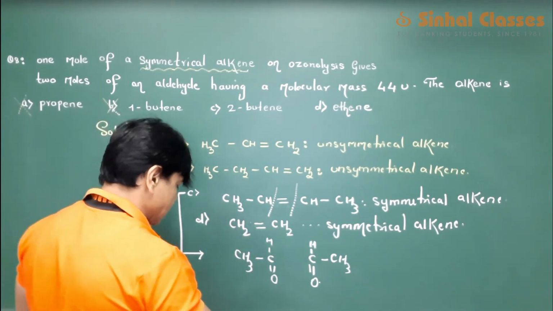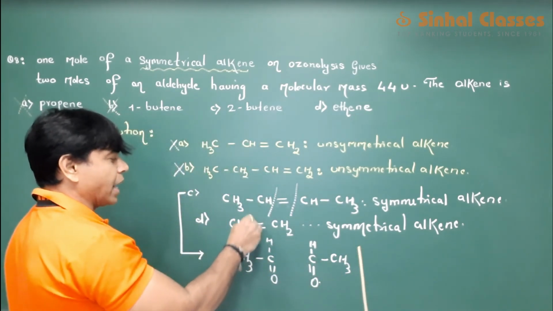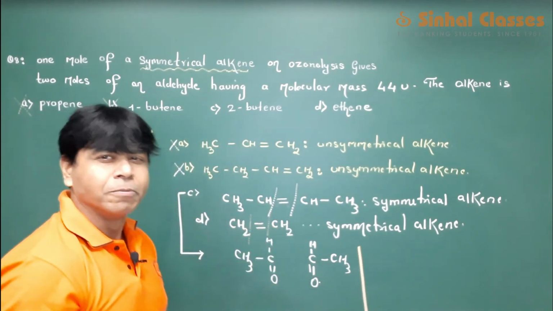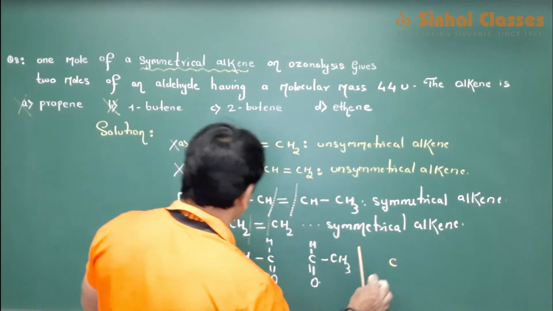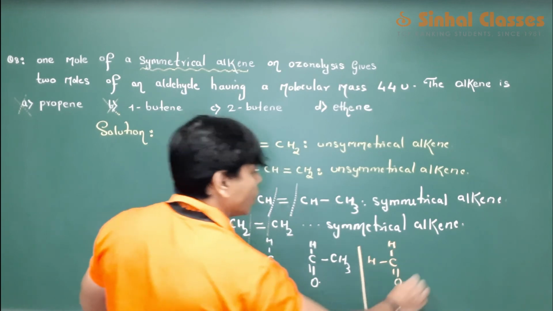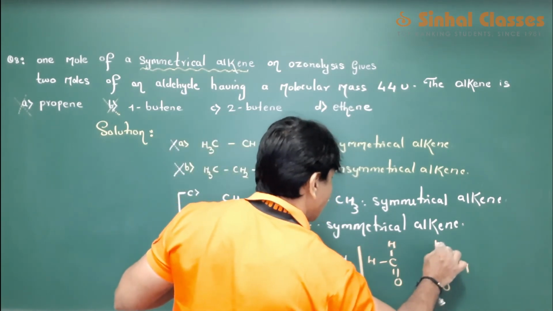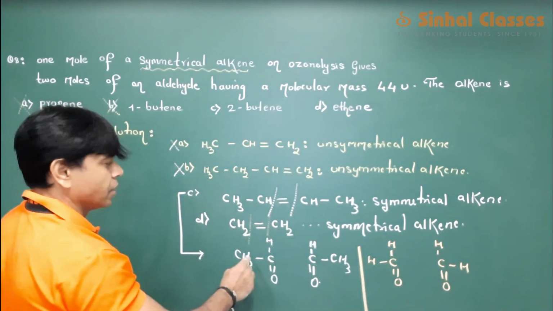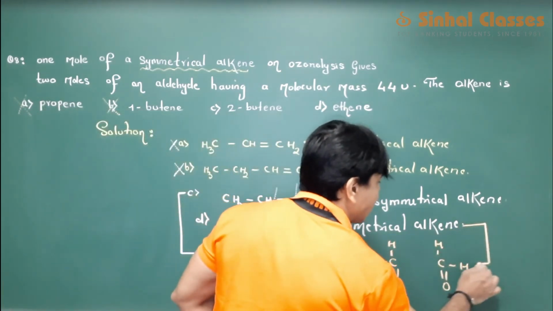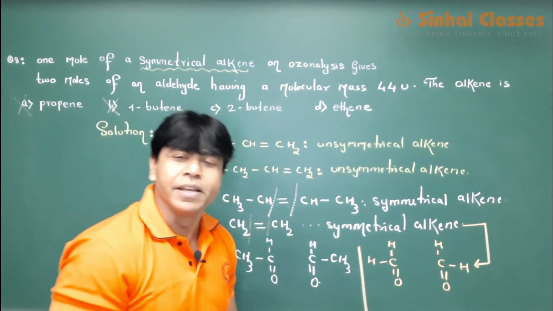Whereas if I do with ethene, I break it from here, then this is the aldehyde which you get with respect to ethene.